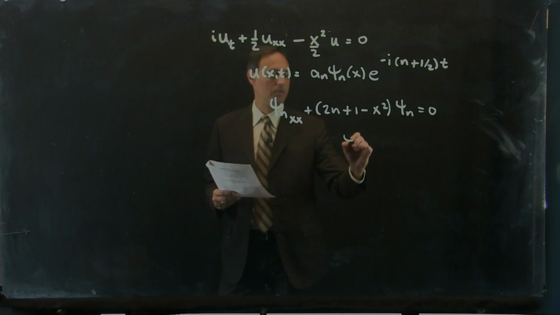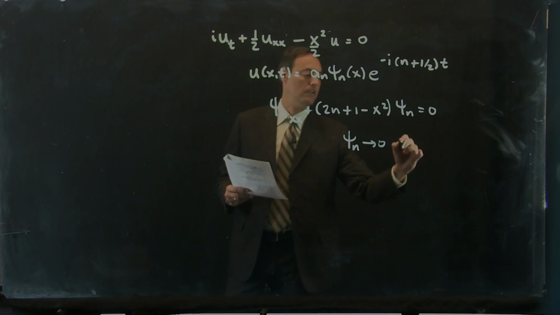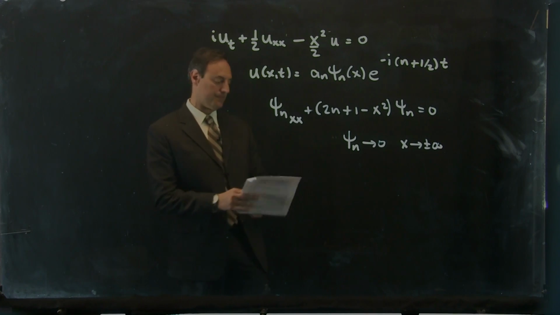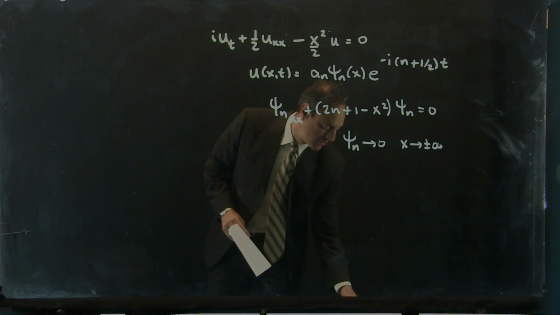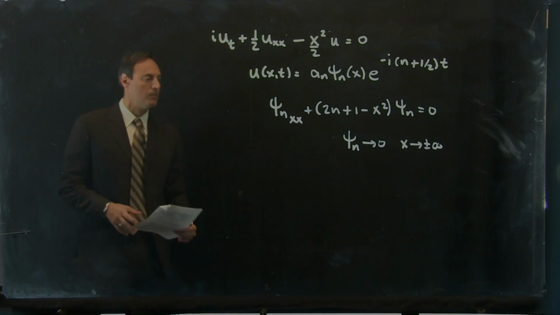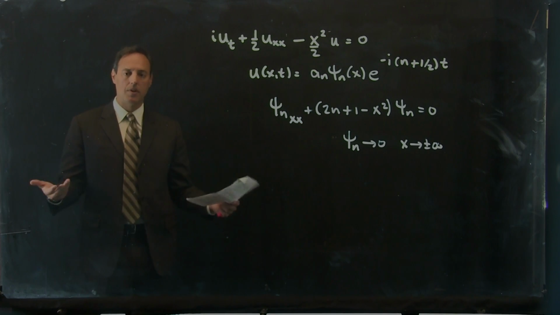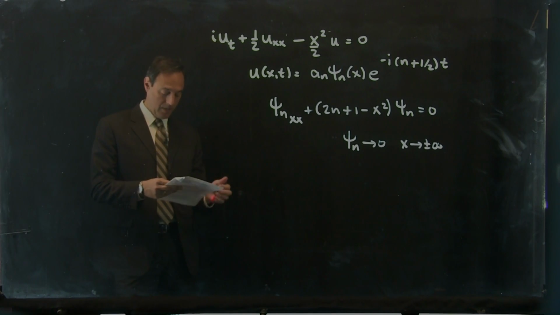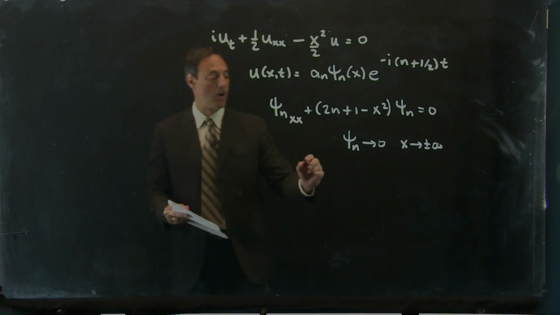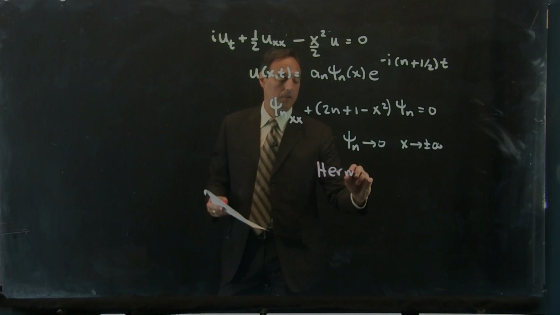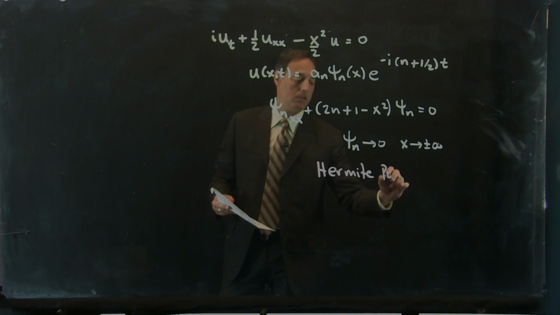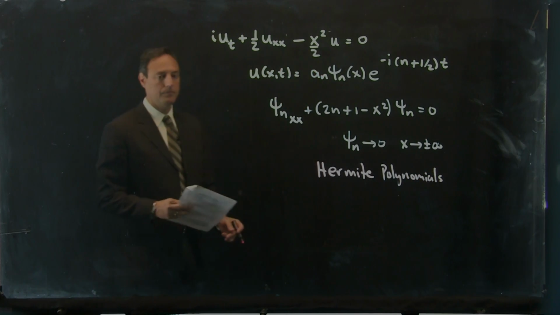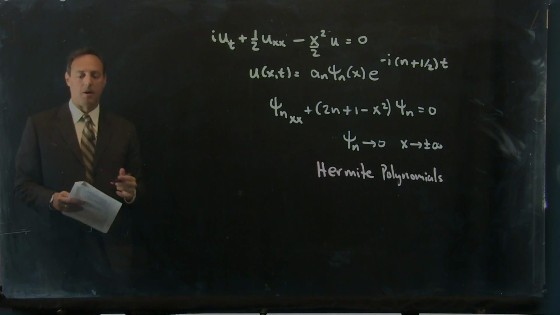And by the way, here the assumption is that the solution goes to 0 at plus or minus infinity. Okay, so this is one of the Sturm-Liouville form type solutions, and people knew quite a bit about it. And the solution to these are Hermite polynomials. So we have exact solutions to this problem.